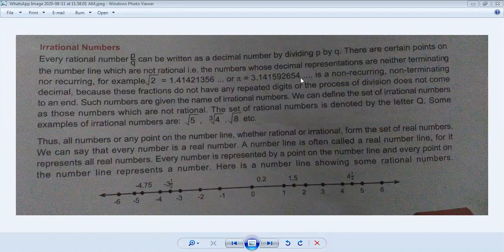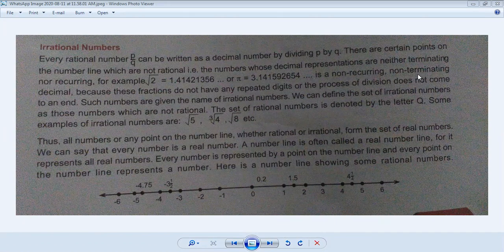So the exact value of pi is not only 3.14, it does not end somewhere, and it does not have any recurring digits, but it keeps on going. That is why it is represented by dot dot dot. That means it has not ended over here. It is continuing. So this is called a non-recurring, non-terminating number.